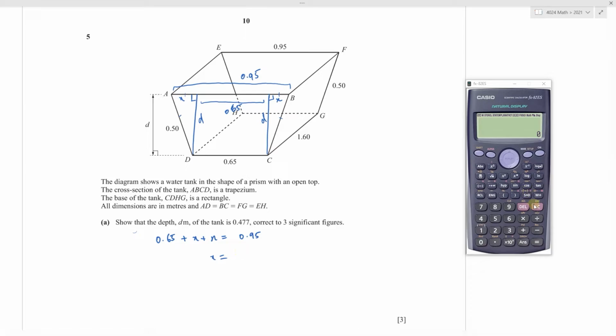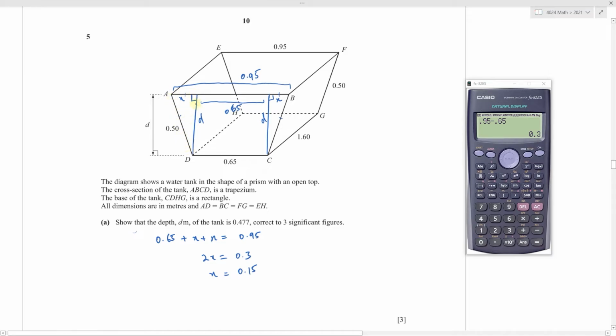So 2x equals 0.95 minus 0.65, which is 0.3, and x will be 0.3 divided by 2, which is 0.15. So now you know this length here is 0.15.